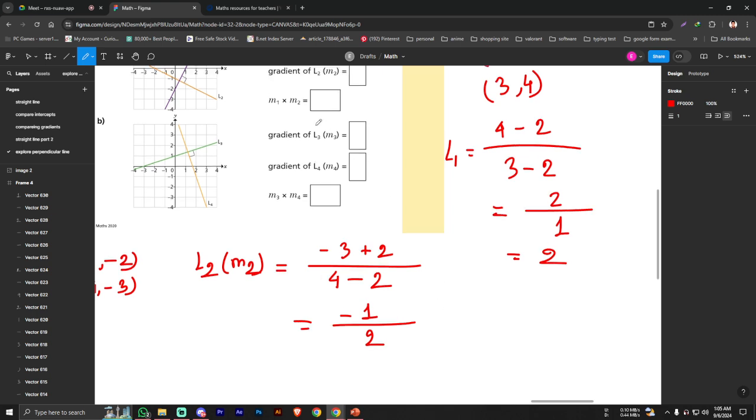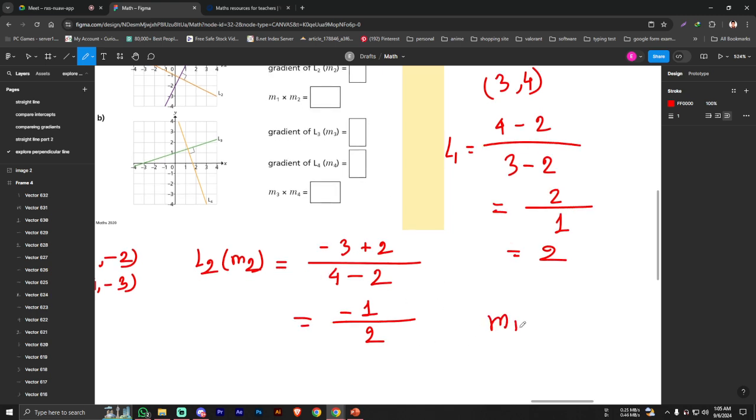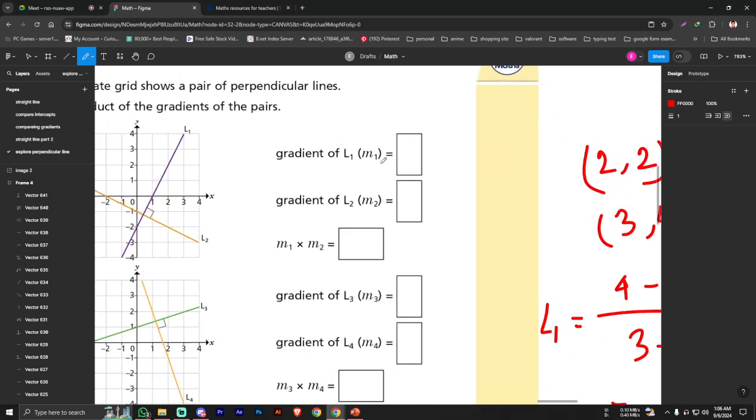Now they want to find M1 times M2. Can you find it? This is M1. L1's gradient is M1. What's M1? M1 means the gradient of L1. They have written a symbol right here in the question.